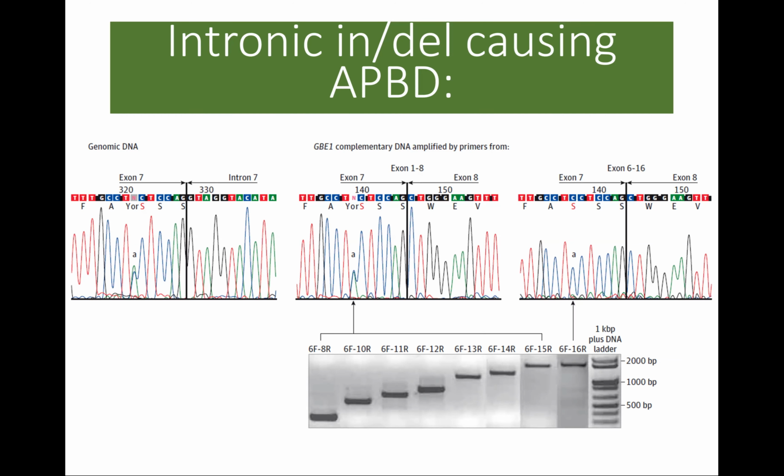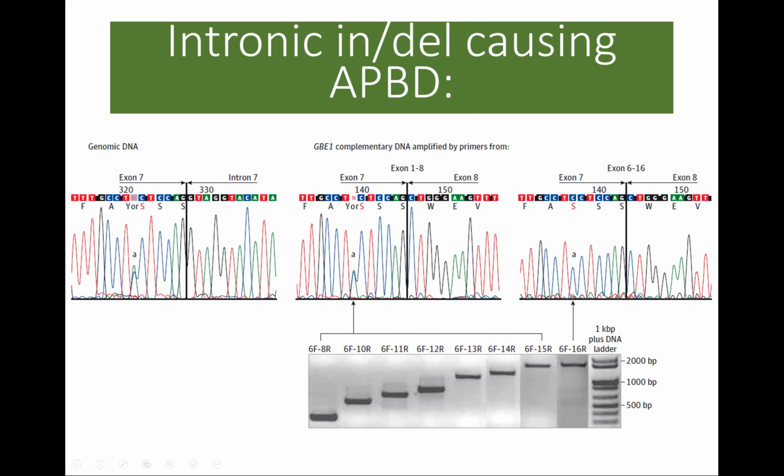But in the patients who were heterozygous, as you can see here, heterozygous means the patient has one gene from the mother and one gene from the father. And one of the genes that the patient inherited is normal. Here, the normal is supposed to be the green peak.